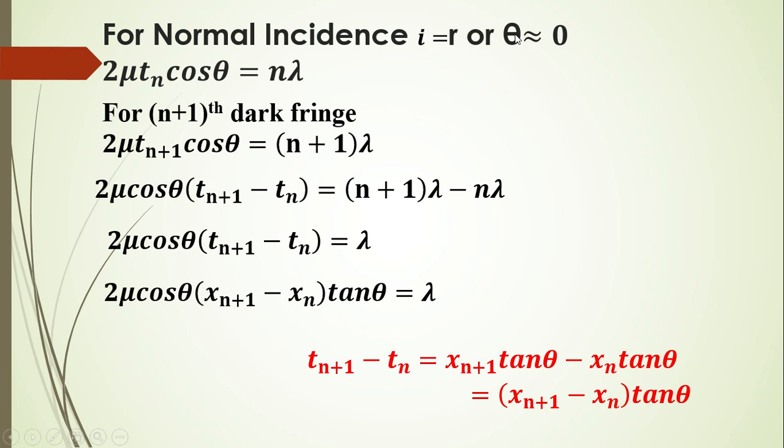So 2 mu Tn cos theta is equal to n lambda. For the (n+1)th dark fringe, 2 mu T(n+1) cos theta is equal to (n+1) lambda.